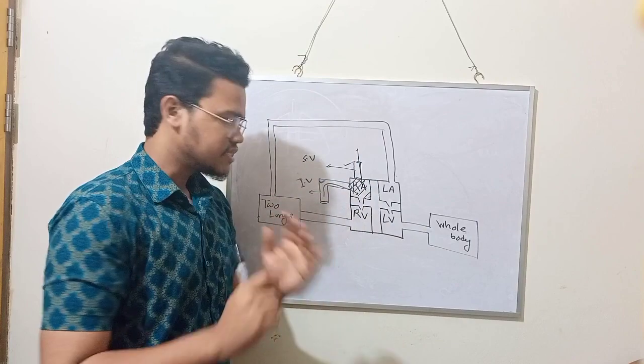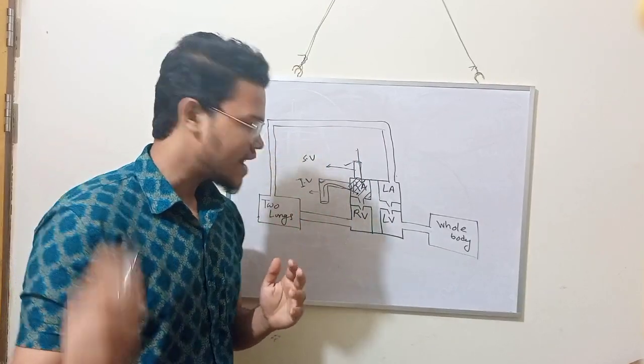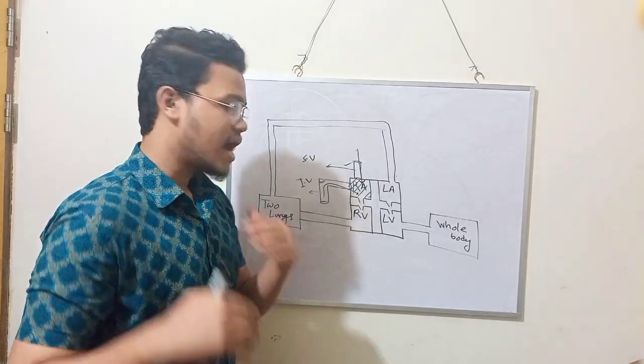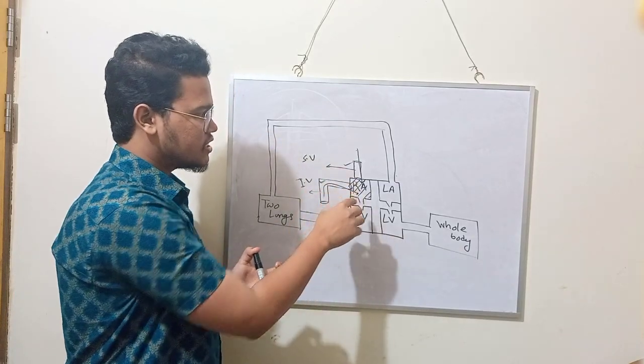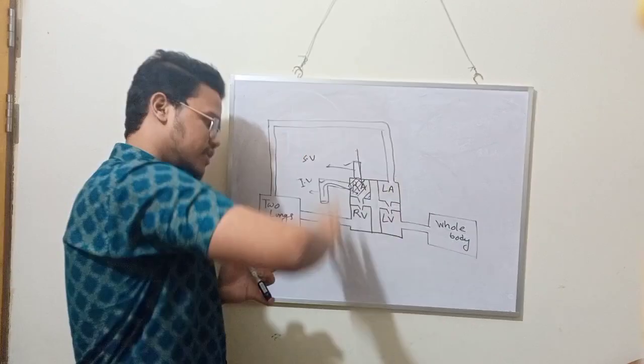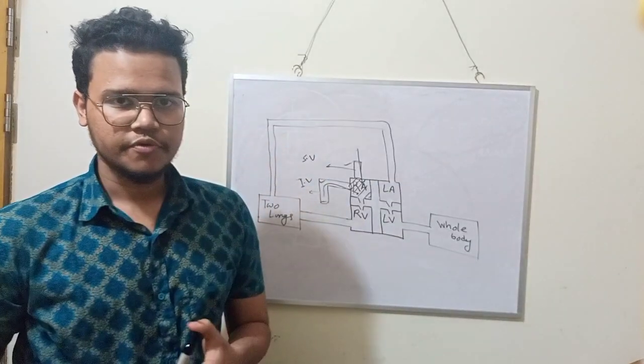So now I think all of you have got the idea of how blood is coming into the right atrium from the superior part of our body and from the inferior part of our body.